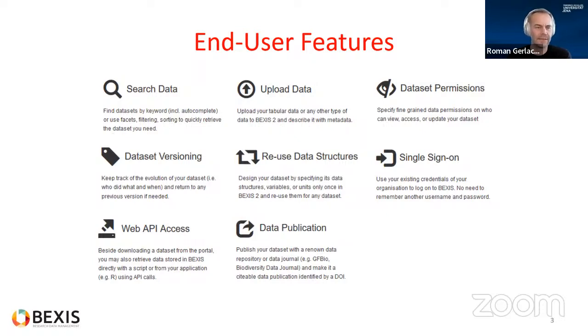You can find the data set by a simple keyword search. That includes an autocomplete, so if you type 3 letters, then you get some suggestions what the search term might be. There is some faceting, filtering and sorting when you have your search result in front of you, and then you can drill down to the actual data sets that you would like to see.